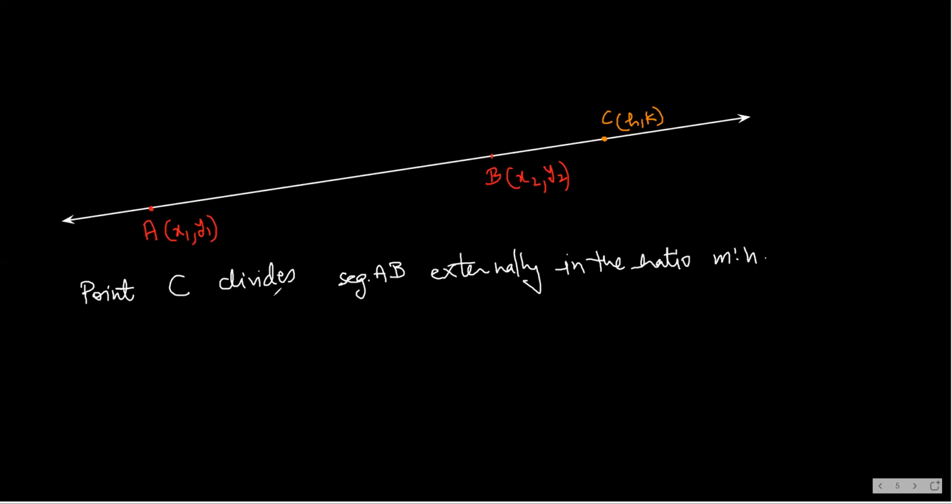Now you all know if C is dividing AB externally in the ratio m:n, C to A is m, so this is m sections, and C to B is n. See the difference of the diagram for internal and external division. This is n.